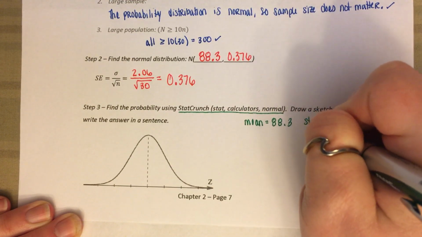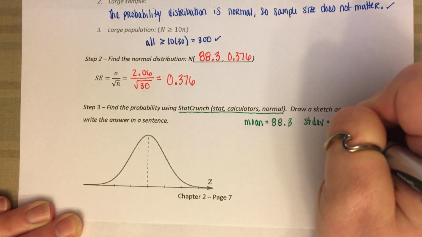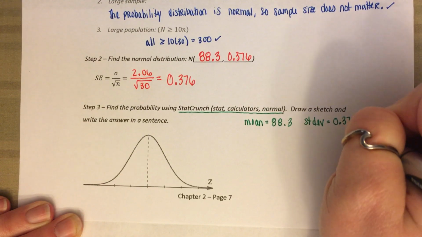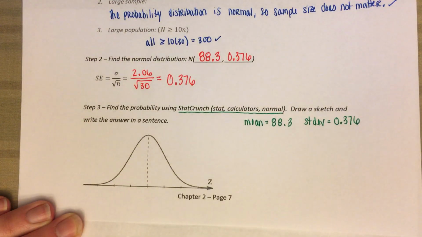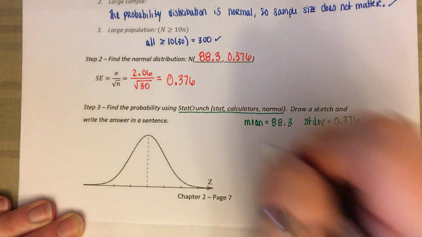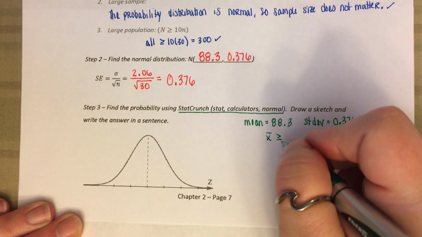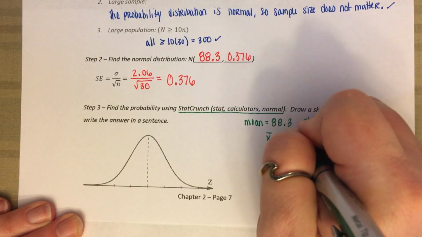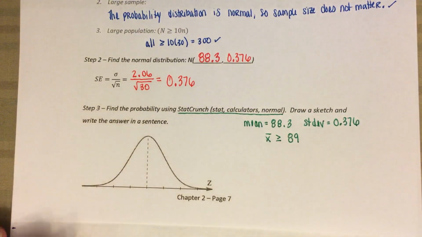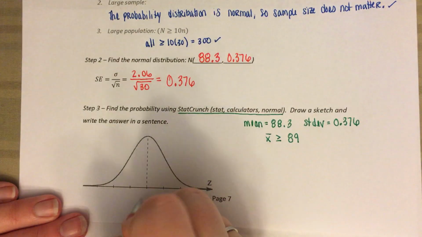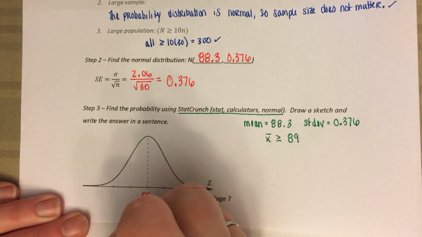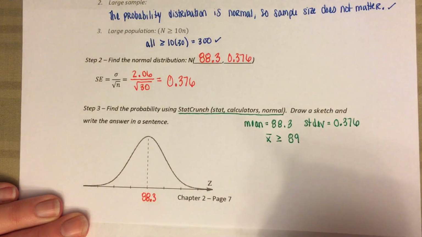For our standard deviation, we're going to use the standard error that we just found, 0.376. Then we want to make sure that we select x greater than or equal to, enter 89, and hit the compute button. So thinking about our curve here, our 88.3 is here.